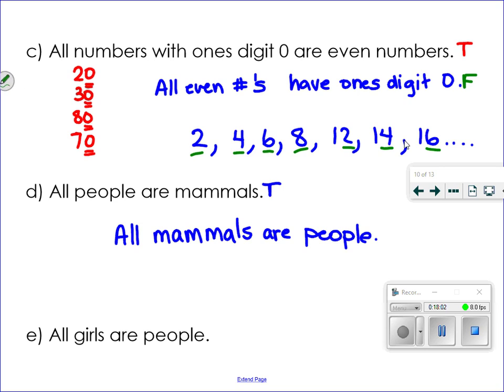No. Can you think of a counterexample that would disprove that statement? Think of a mammal that is not a person. Well, monkey, dog, anything you could list that would be a mammal that's not a person would be considered a counterexample. So that proves that the reverse is false.